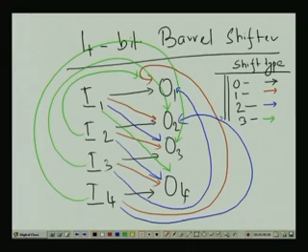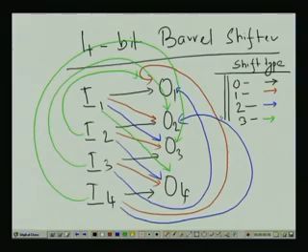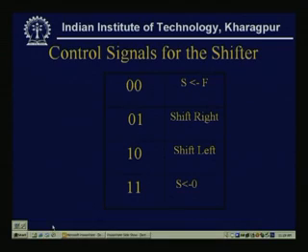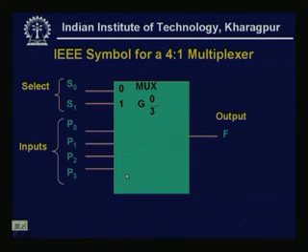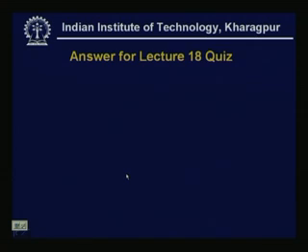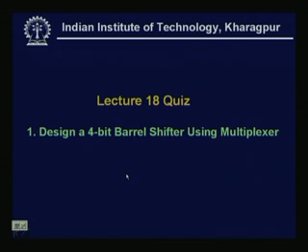So, this will be the quiz of the current lecture, lecture 19. Again we have to design this type of barrel shifter, the 4-bit barrel shifter, where we select shift 0, 1, 2 or 3.